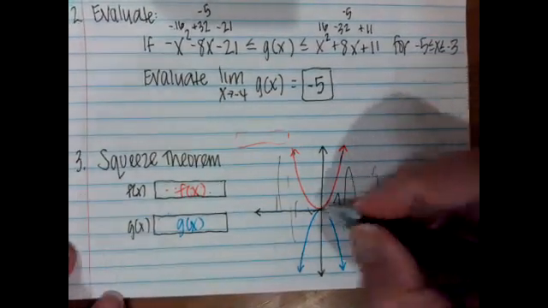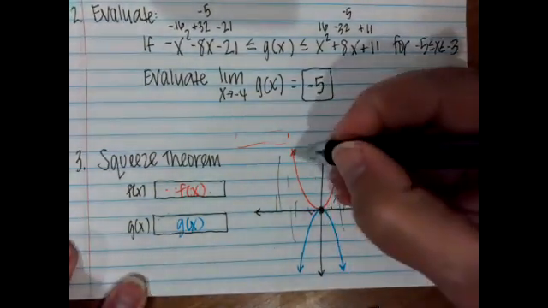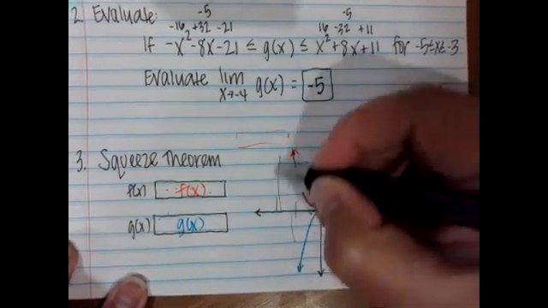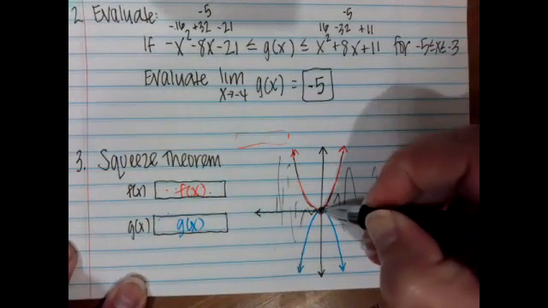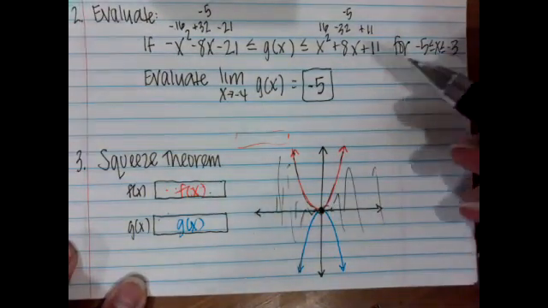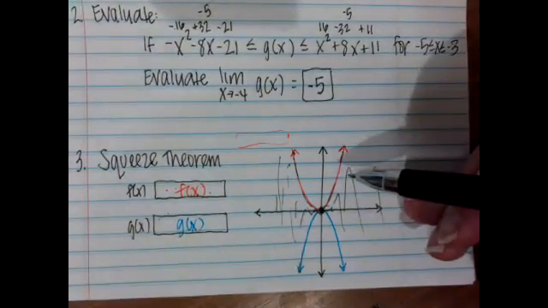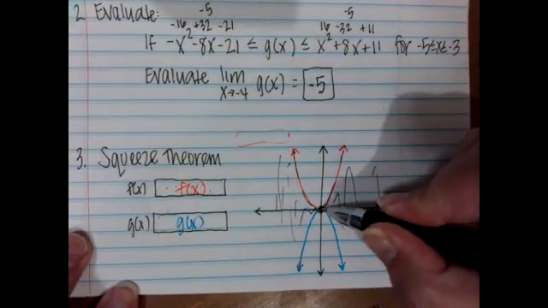And here's the catch. They all three have to meet in one point. So notice that this one and this one and this crazy one that's going up and down all meet at this one point. So on this one, for the squeeze theorem, you would say yes, the squeeze theorem does apply, and on this one, the limit would equal 0.